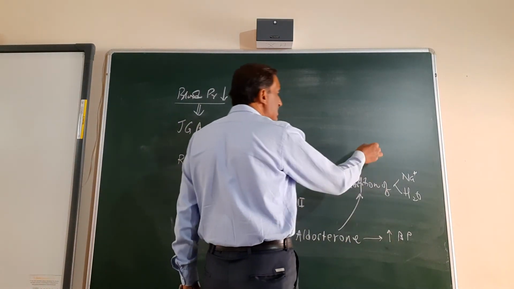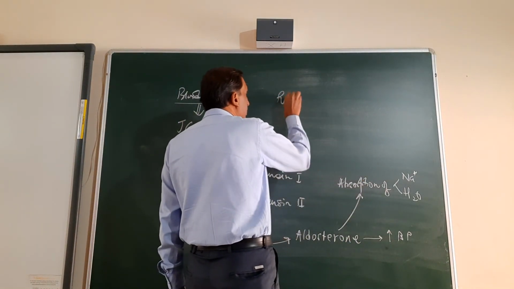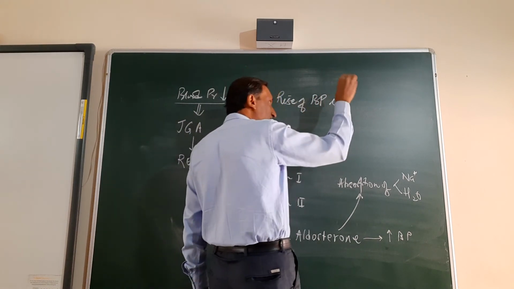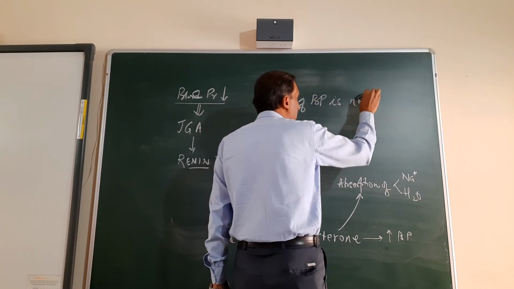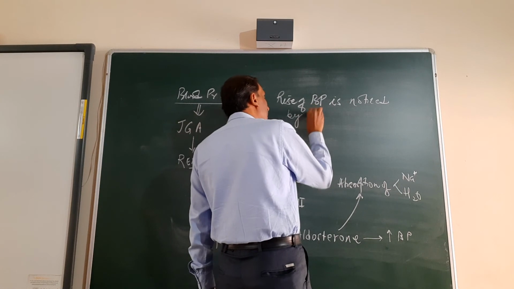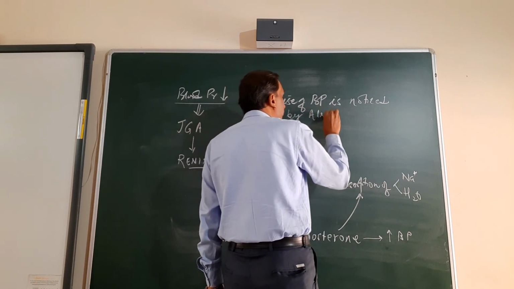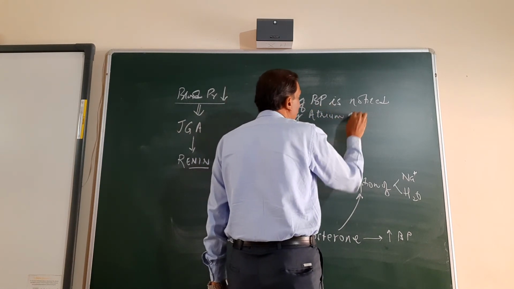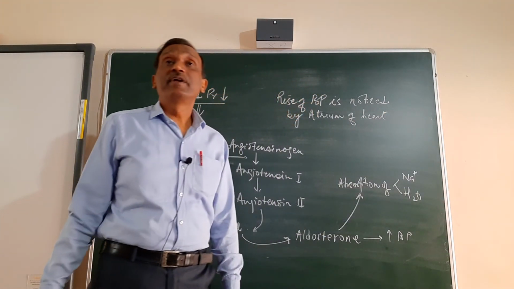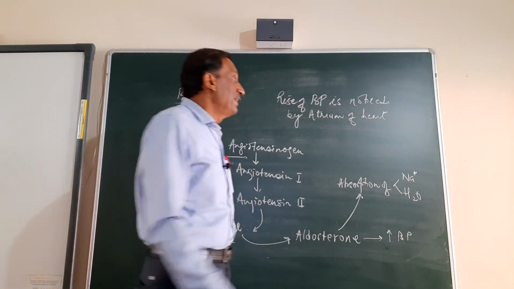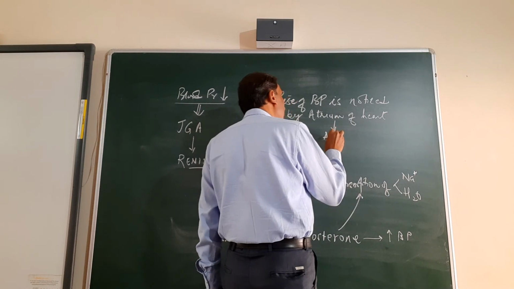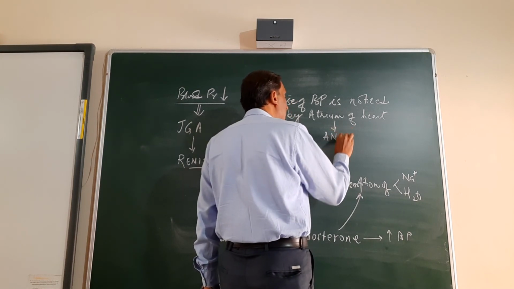As the blood pressure rises, the rise of the blood pressure is noticed by the atrium of the heart, and it releases another hormone called atrial natriuretic factor, that is ANF.